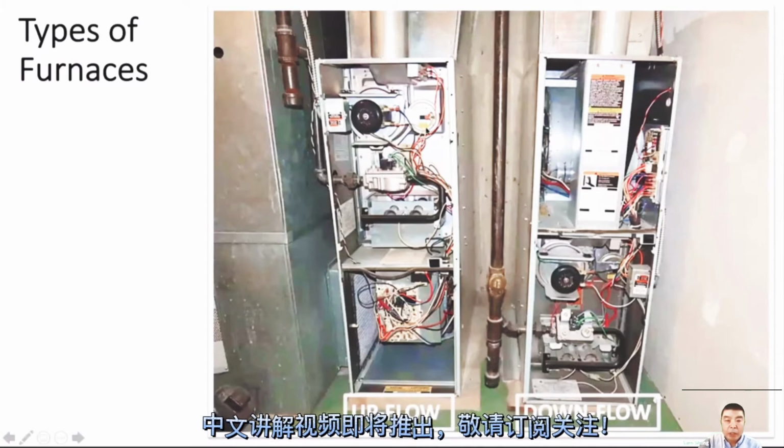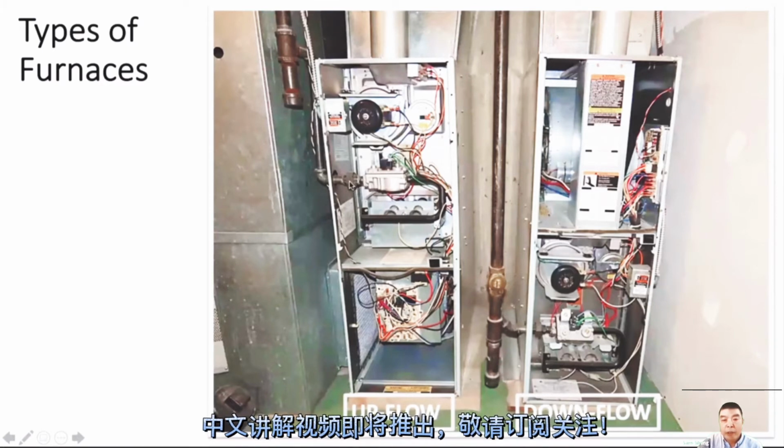With this one we cannot see the pilot pipe, but in that very old furnace there's a small part here that connects the gas pilot pipe to the burner. It doesn't go through the gas valve.